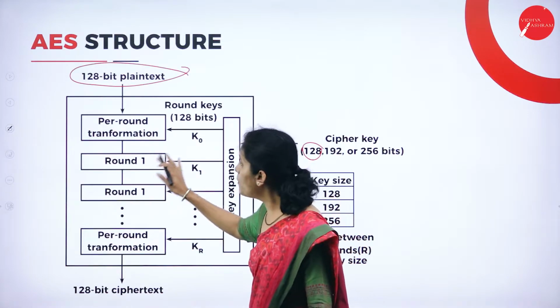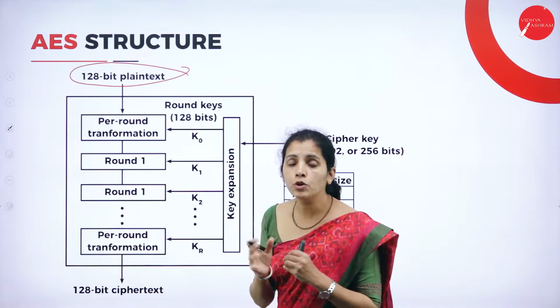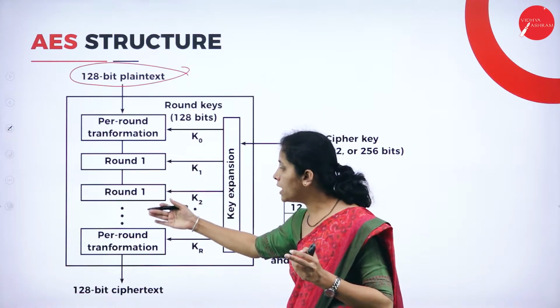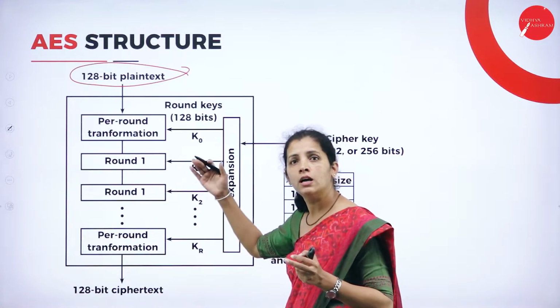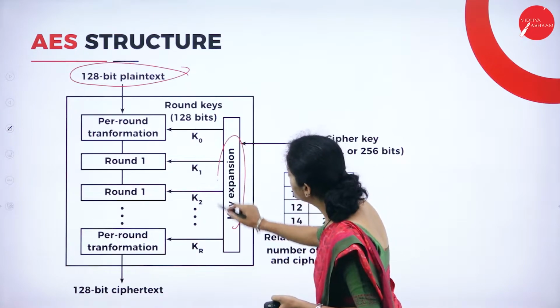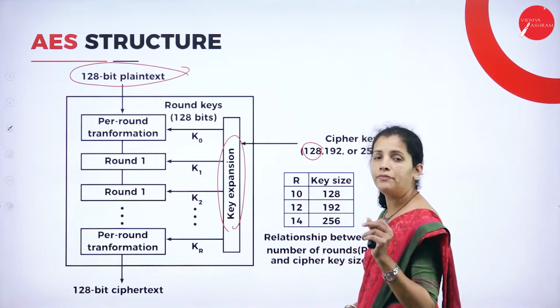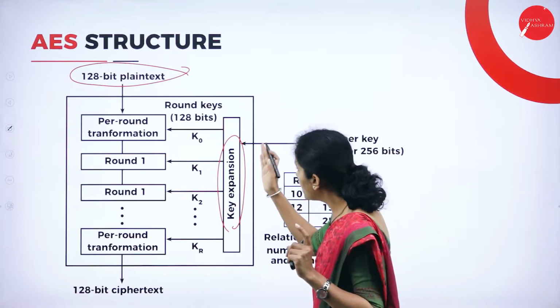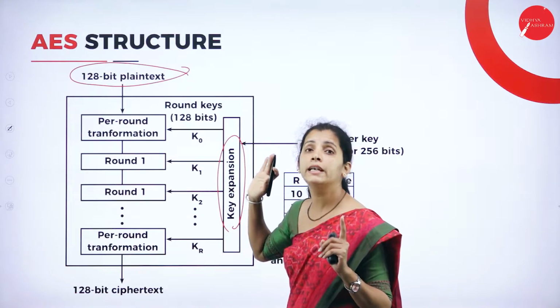And after performing round 1, what is the output I'm going to get? That is the input to round 2, and it's going to continue. And if I consider key expansion, for example, if I'm having 10 rounds, then I can have 10 keys.